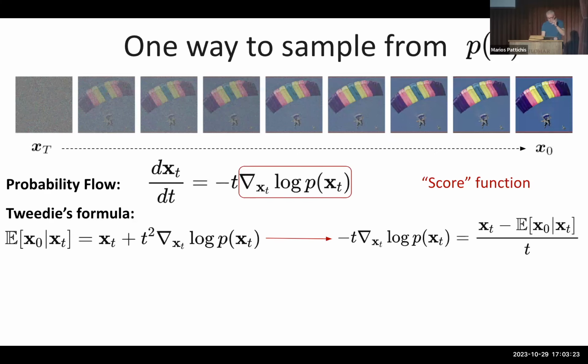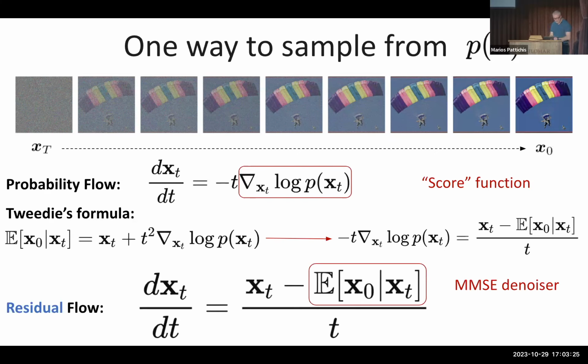Okay, so this is the first step. This is the residual flow now. I've got dx dt equals xt minus this MMSE denoiser. One more step is required. I don't have an MMSE denoiser, right? Very, very hard to compute. So the next step is we replace the MMSE denoiser with our favorite denoiser.